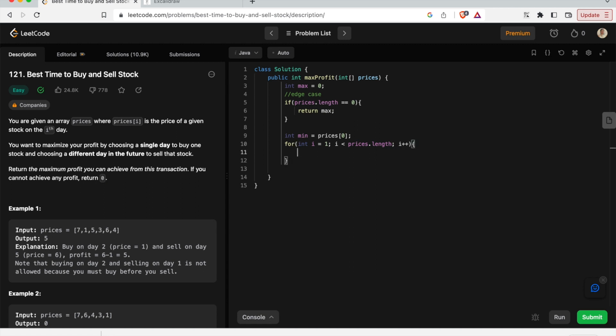This for loop will calculate the maximum profit I can find.